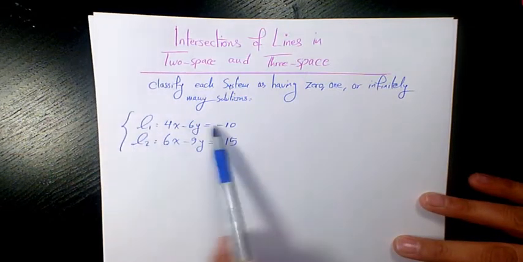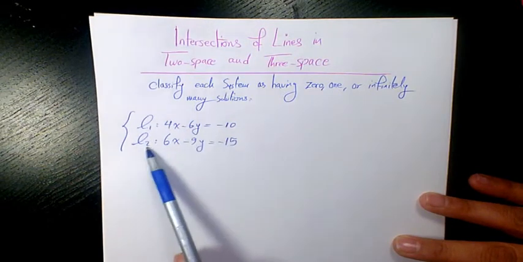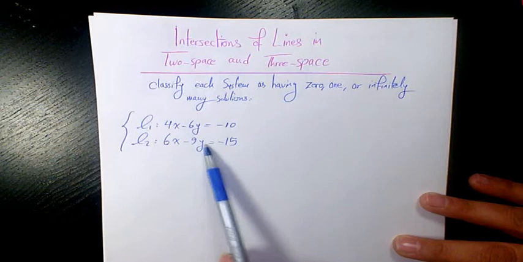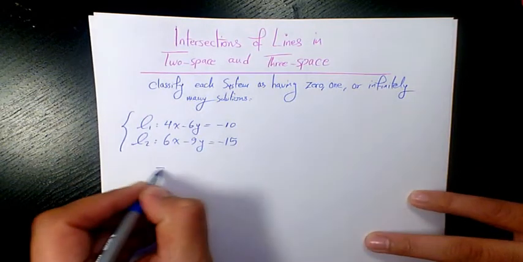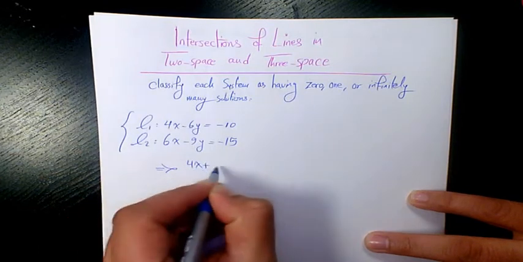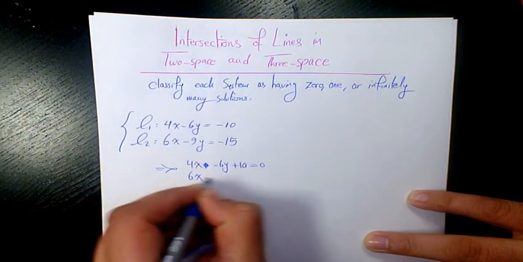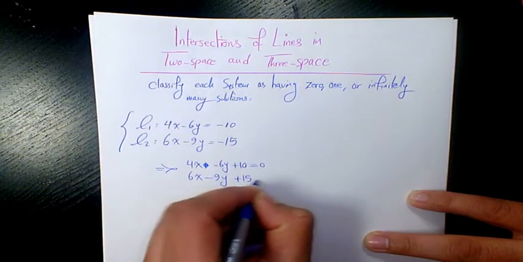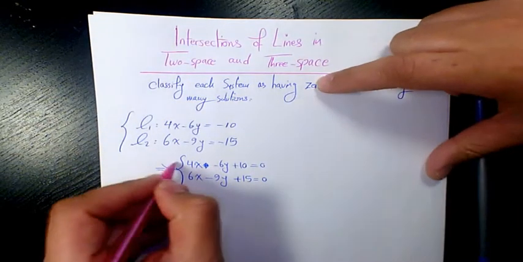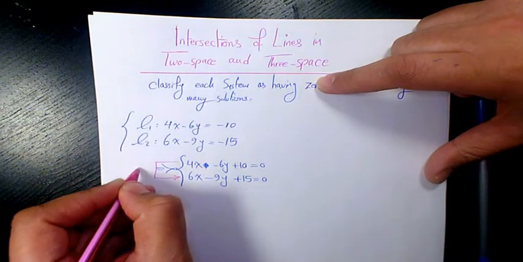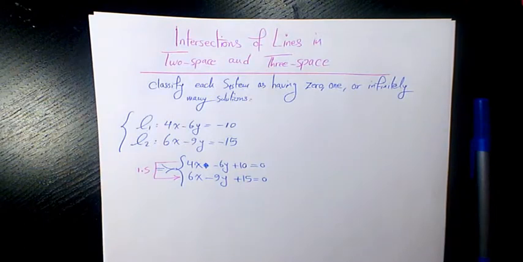L1 and L2, two different lines: L1 is 4x minus 6y equals negative 10, and L2 is 6x minus 9y equals negative 15. If I write both of them as 4x minus 6y plus 10 equals 0, and 6x minus 9y plus 15 equals 0, and multiply the first equation by 1.5, I get exactly the same as the second one.